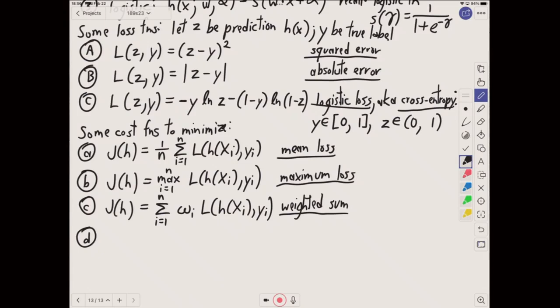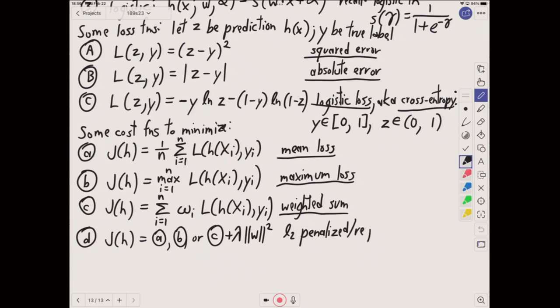Now, those three are the most common basic used cost functions, but one thing we can do in addition to that is take one of the existing or popular cost functions and then add what is called a penalty term or a regularization term. If you do that, then we say that we have an L2 penalized cost function or an L2 regularized cost function.